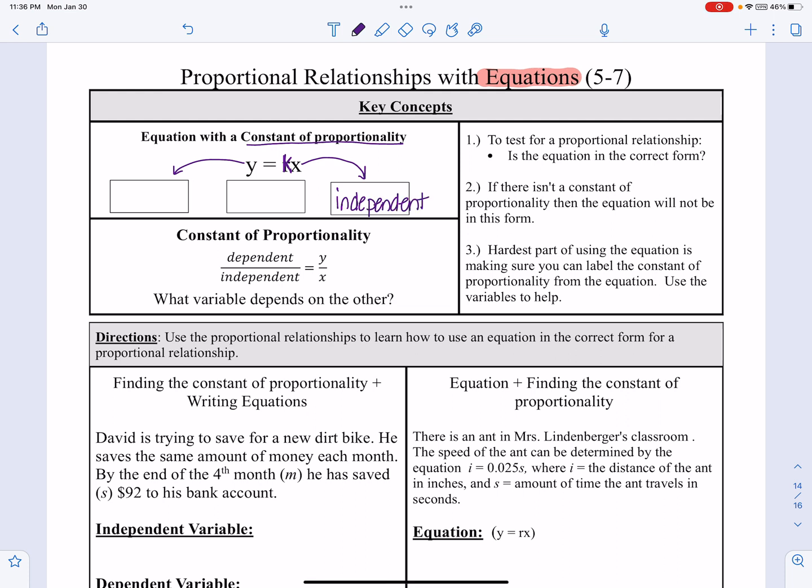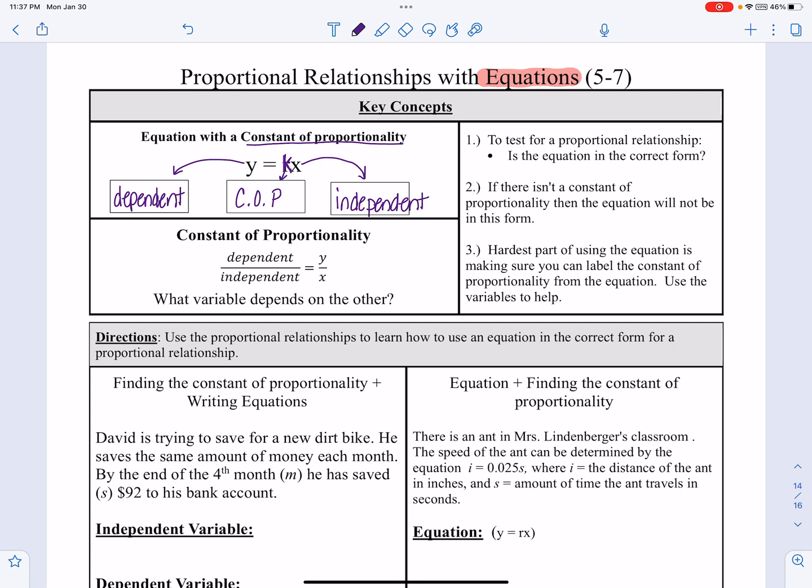And this means that this is the thing that is consistently happening first in our scenario, and then a multiplier happens, and we get Y out of it, okay? And so Y is our dependent. So it all depends on whatever X is, okay? And then K, right here, is what's called our constant of proportionality, okay? It's our multiplier to X.